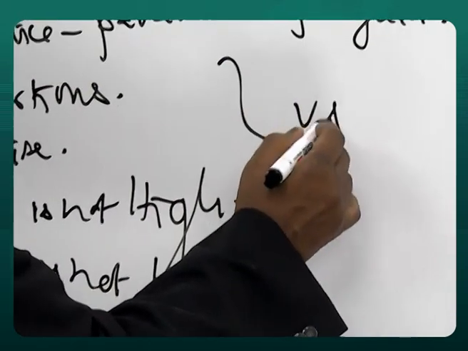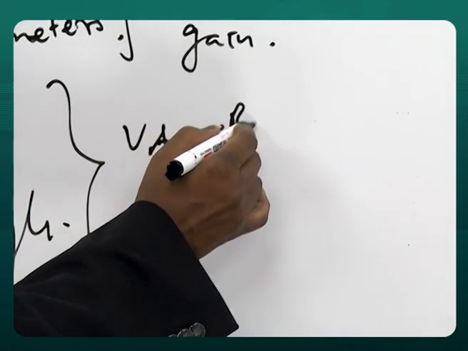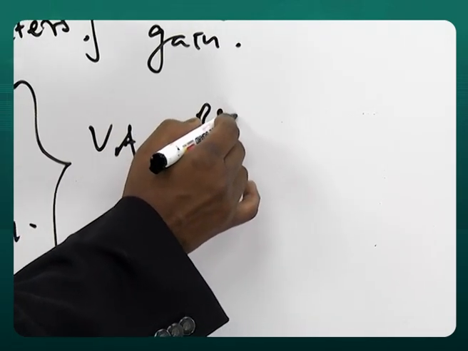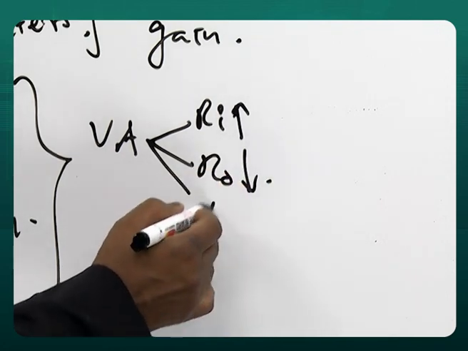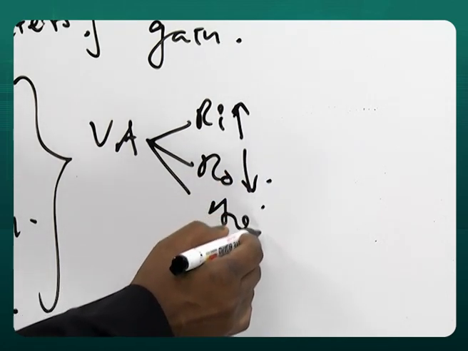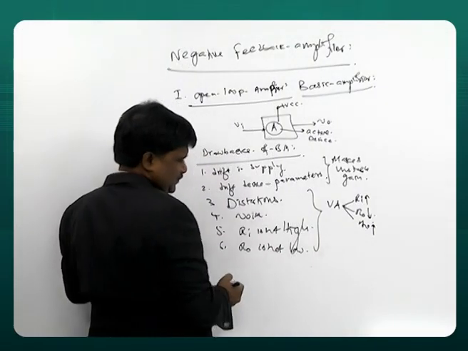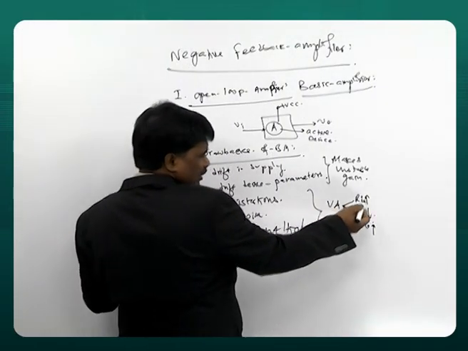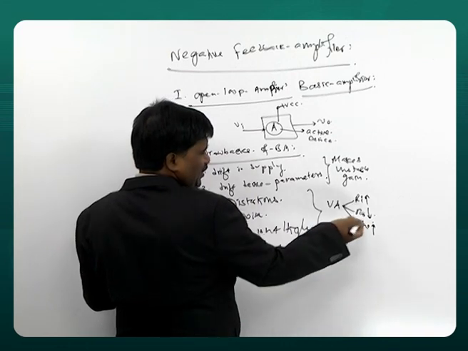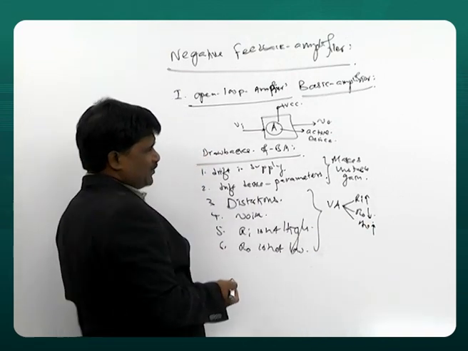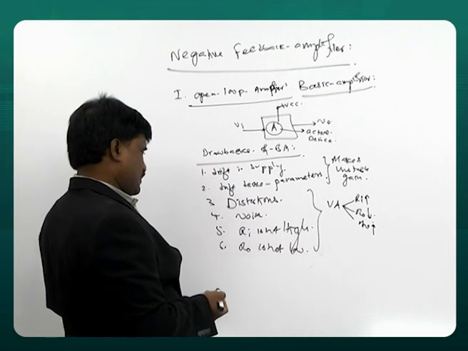Because when you say voltage amplifier, RI should be high, R0 should be low, gain should be high. So when we want high input impedance, it's not high. When we want low output impedance, it's not low. That's why these are the drawbacks.